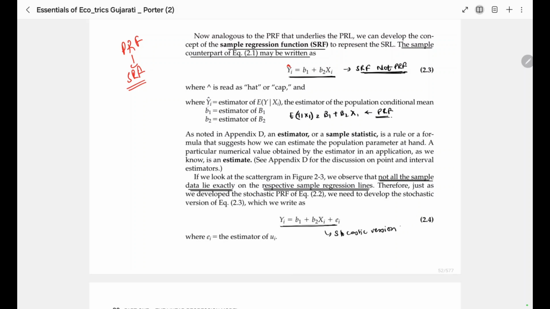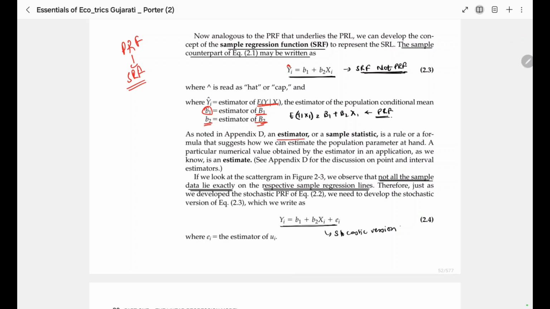So yi hat is the estimator of the conditional mean, the scores that we had earlier. And b1 estimates beta 1, and b2 estimates beta 2.